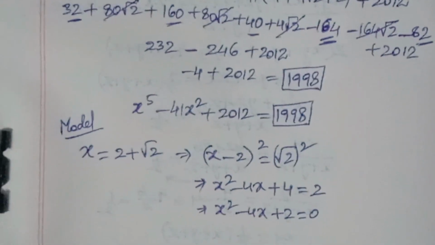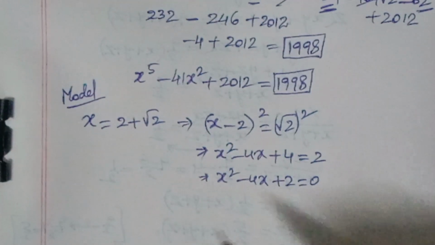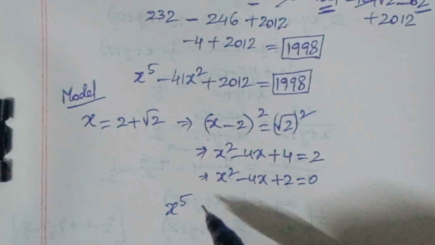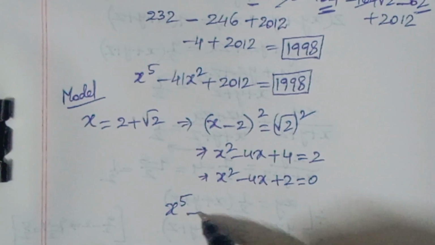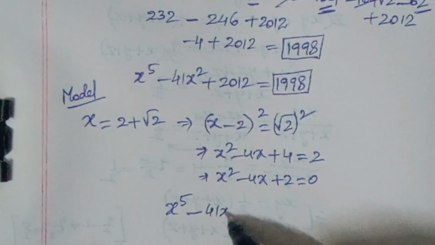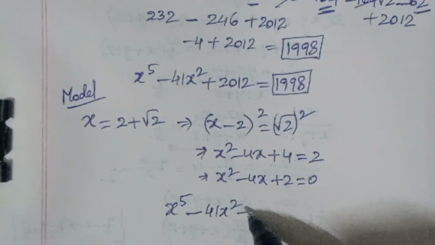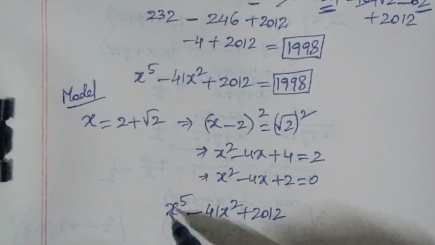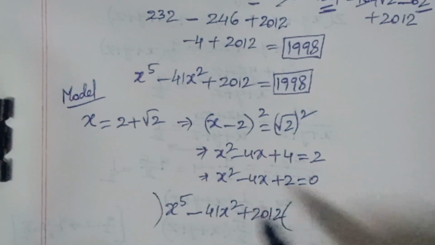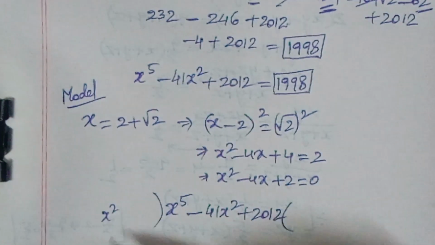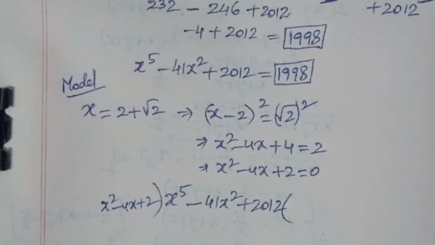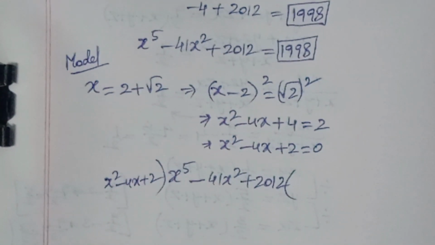Now divide the given expression x to the power of 5 minus 41x square plus 2012 by x square minus 4x plus 2. Here you'll get the remainder.